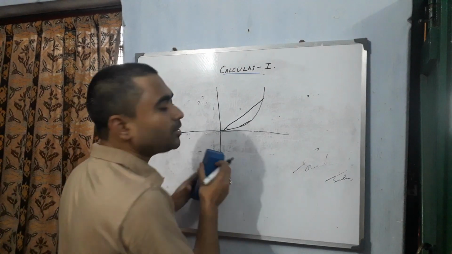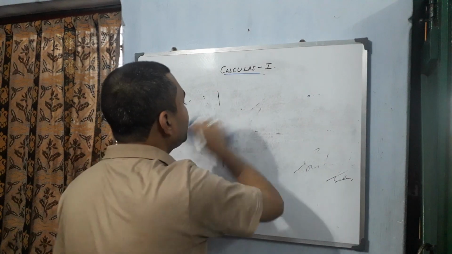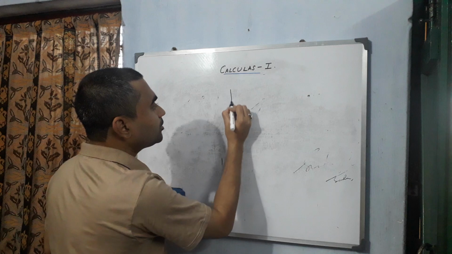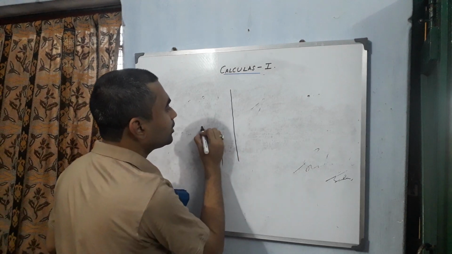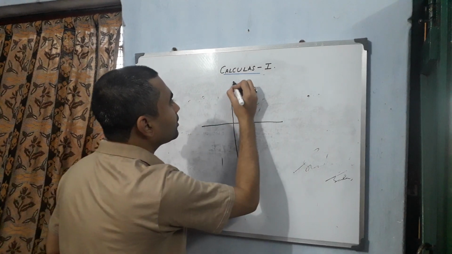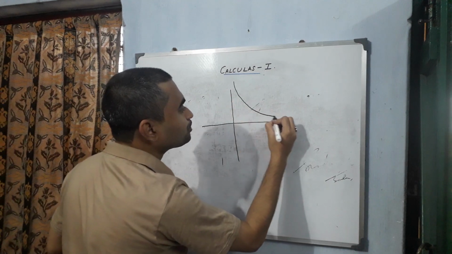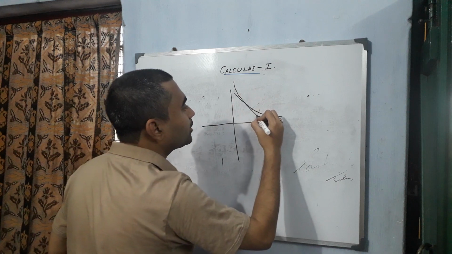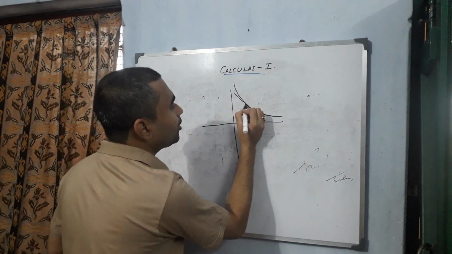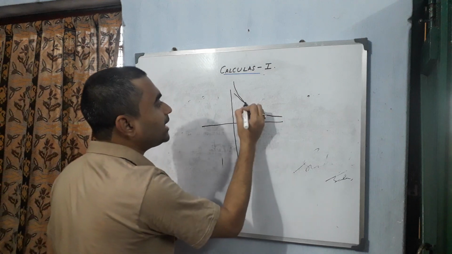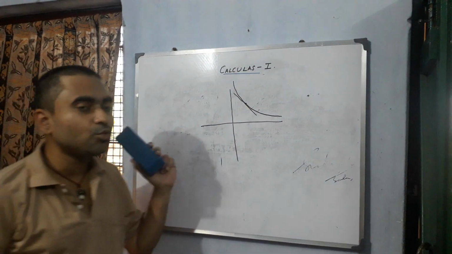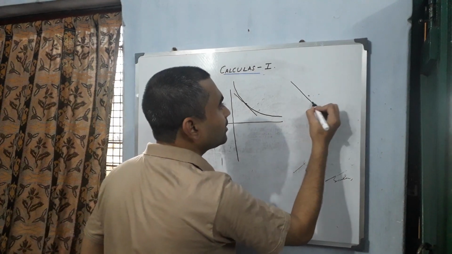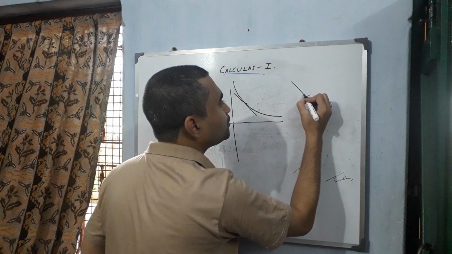Here comes the concept of limits. Suppose there is a function like this and we have to calculate the slope of the tangent. Now a tangent is exactly 1 point, it's not 2 points. But in order to get the slope of a line, we need 2 points.